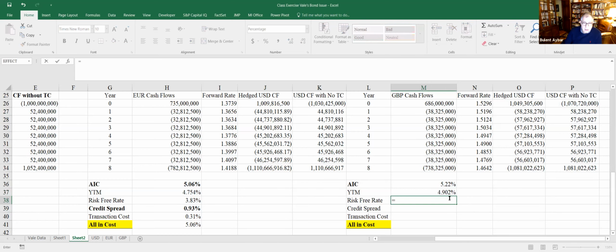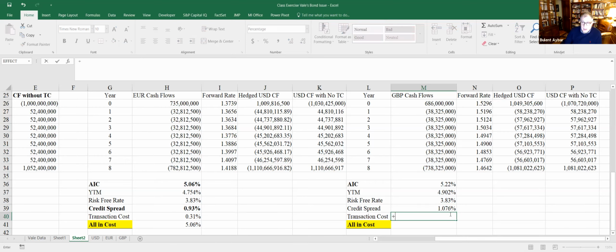The risk-free rate again, let's pick up from here, is 3.83%. Now we can measure the credit spread in the pound segment. As you can see, it is 1.076%. It is more than 100 basis points, a little bit larger than the other ones.